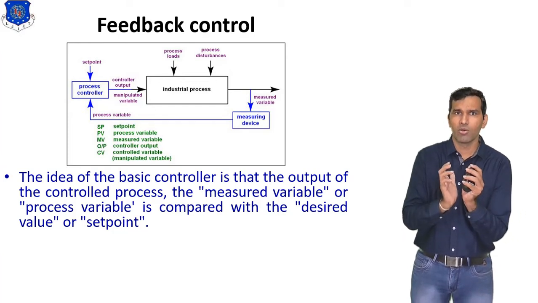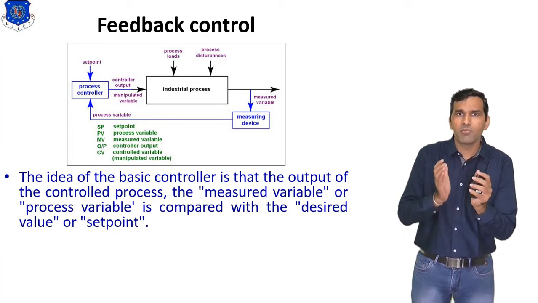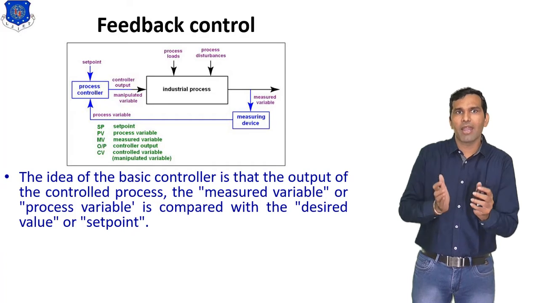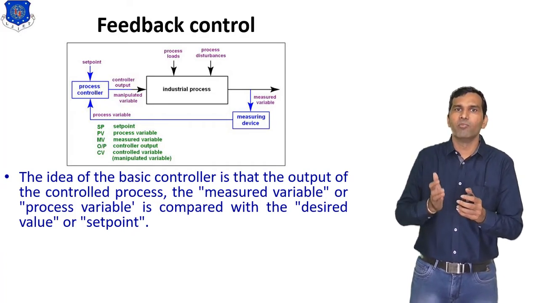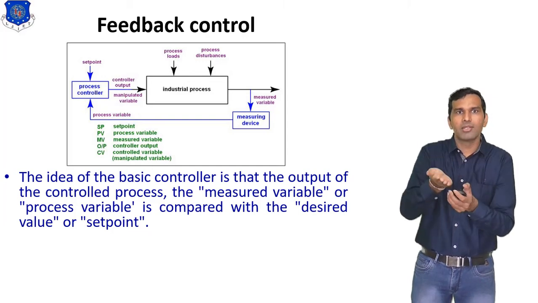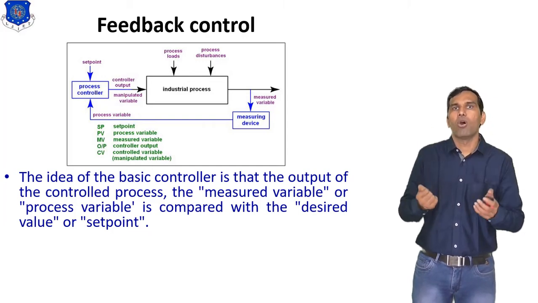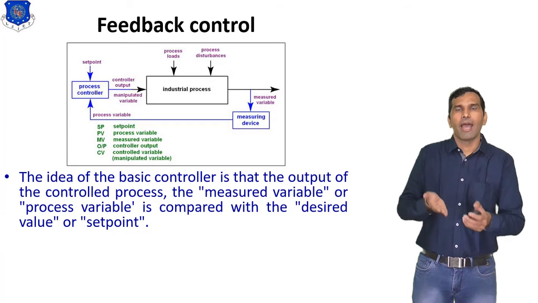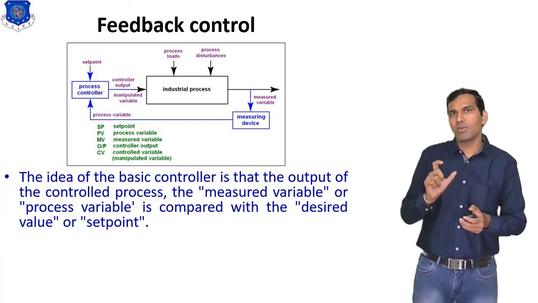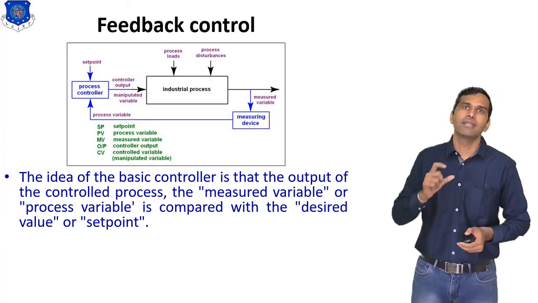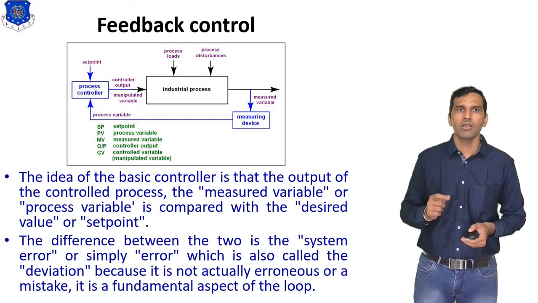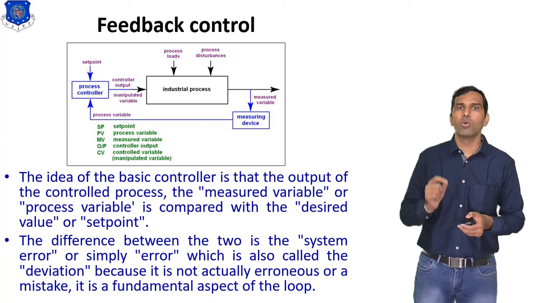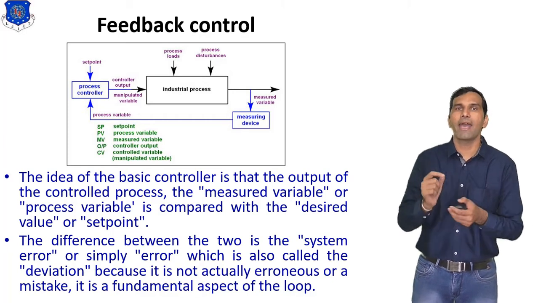Here we compare the value of the process variable, or measured variable, with the desired value or the set point. The difference between the two is known as the deviation, or the error, or the system error.